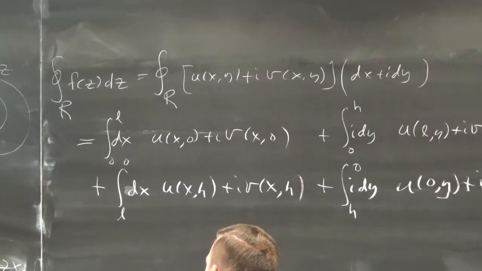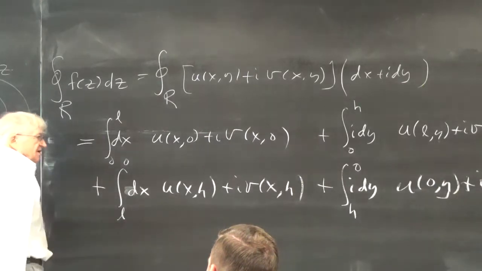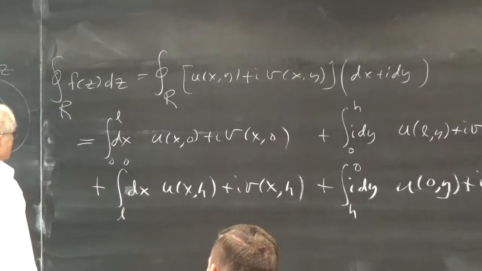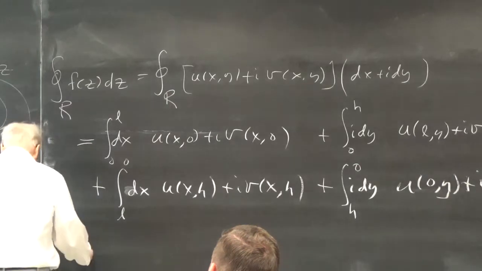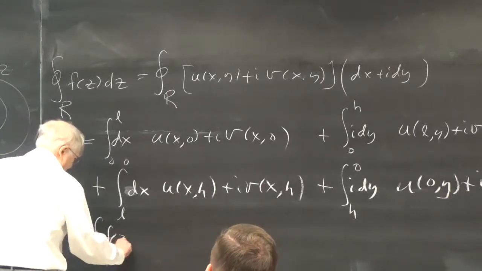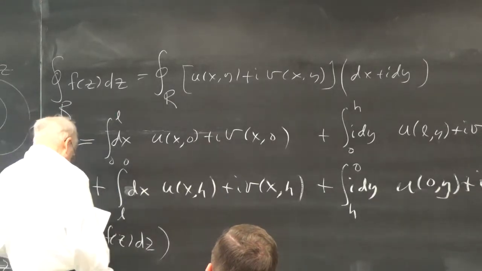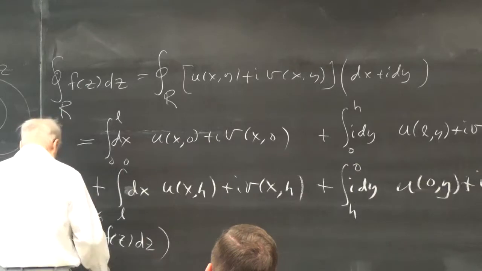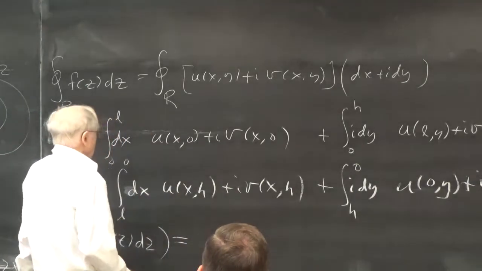And so the useful thing then is to take the real and imaginary parts of this and see what they are. And the real part of this integral over R of f of z dz, or Re, anyway, is equal to, well, what is it?